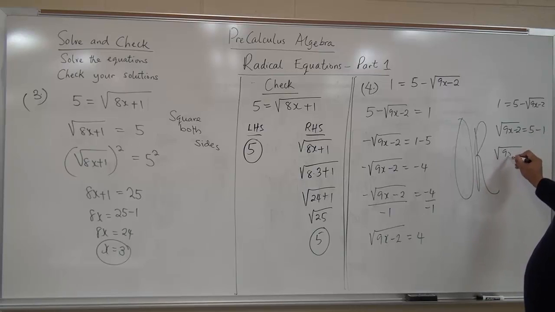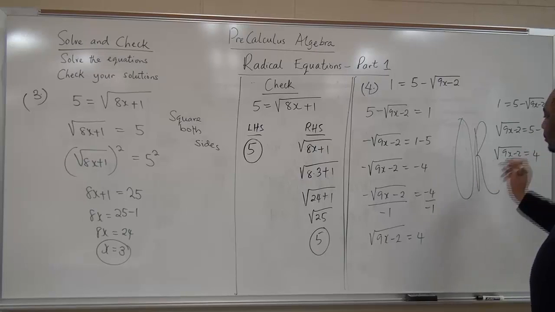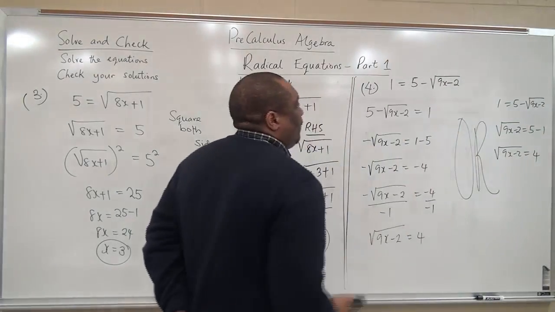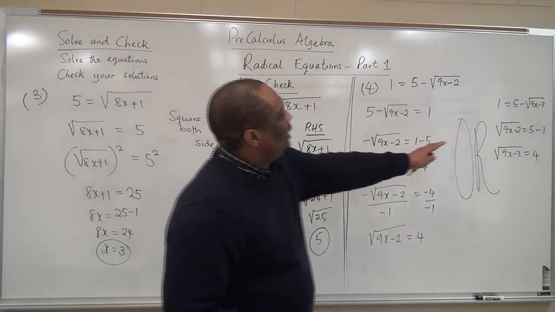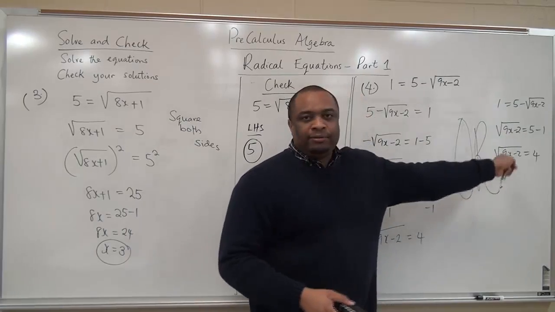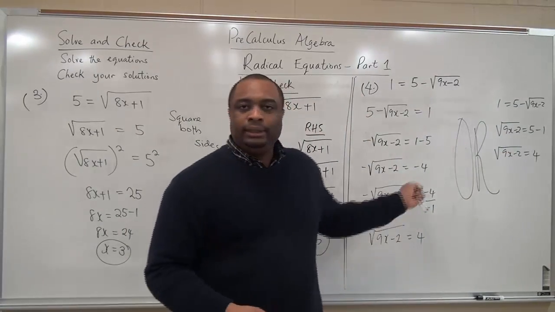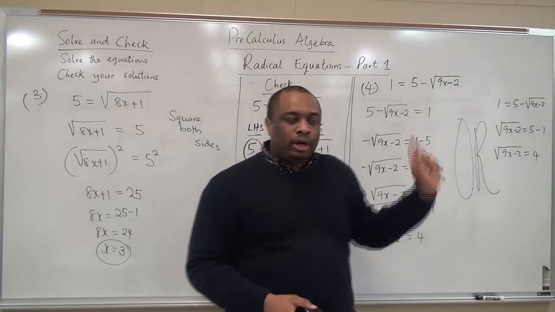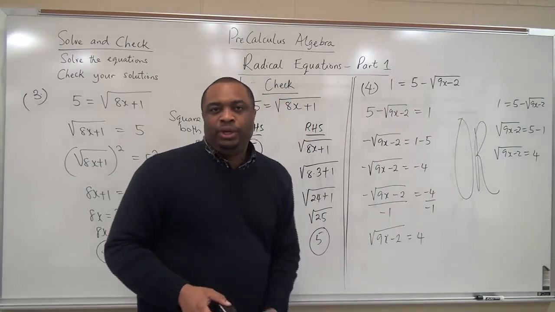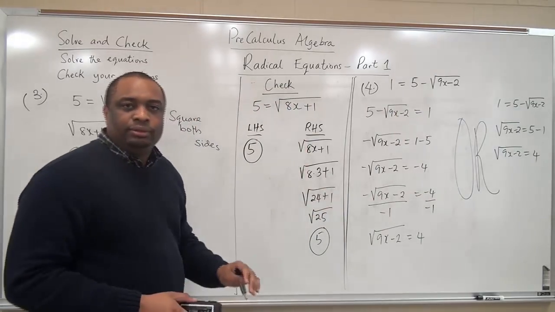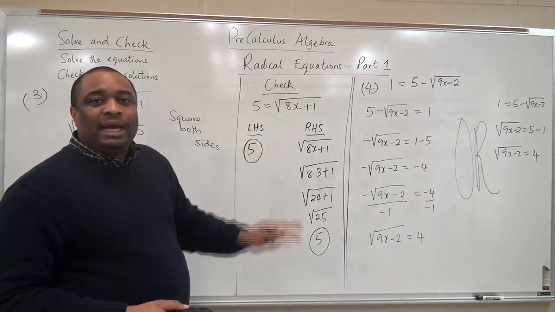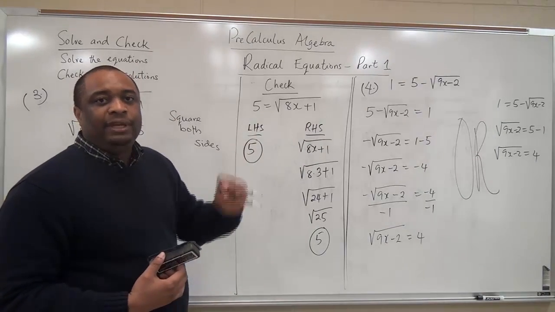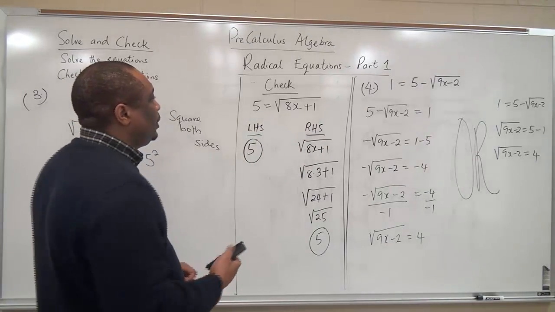So square root of 9x minus 2 equal to 4, before you now square it. So you see, you have cut short the number of steps you need here, because you know how equations work. I explained this in my videos on linear equations, if you need to understand the method I used.